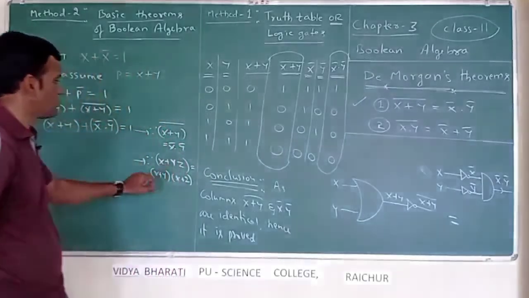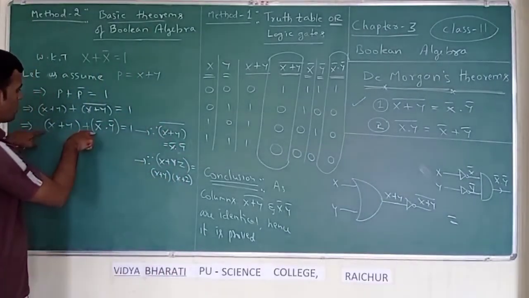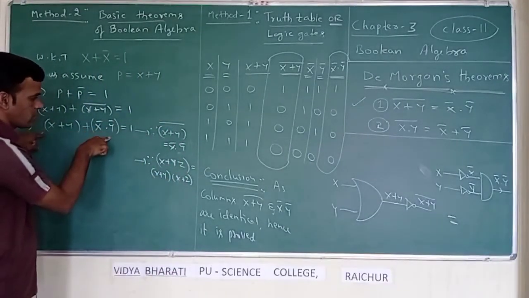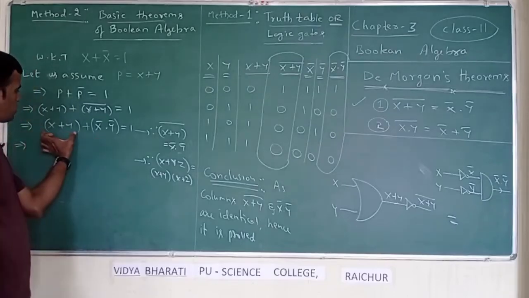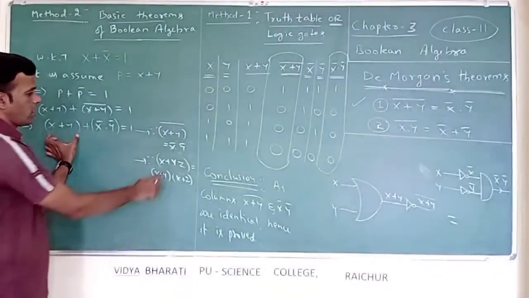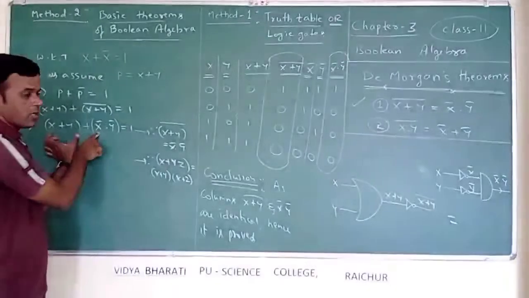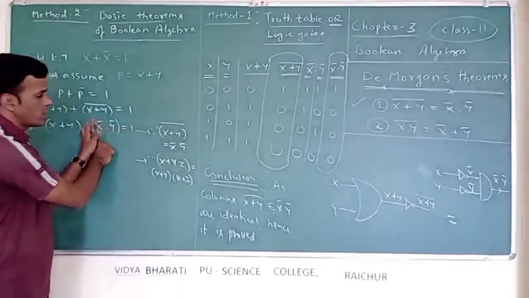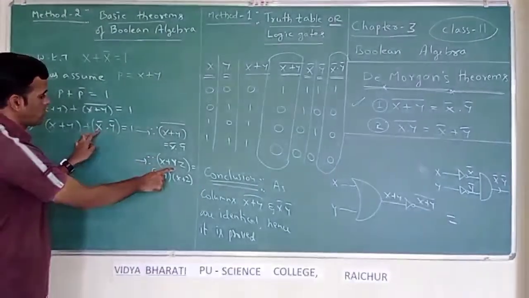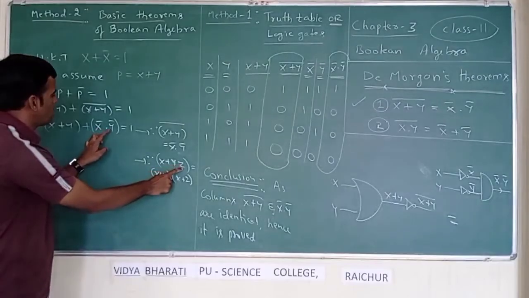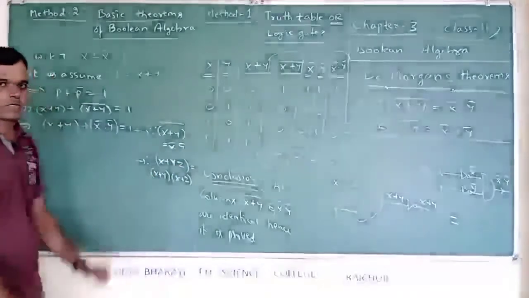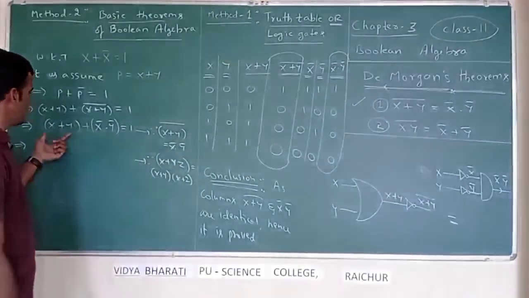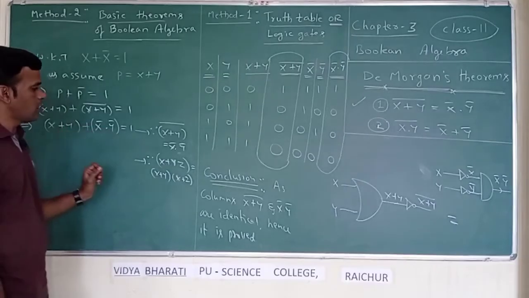So, we will use this one. Here in this given statement, x means this part, and y means this particular part of this expression, that is x bar is y for us and y bar is z for us.